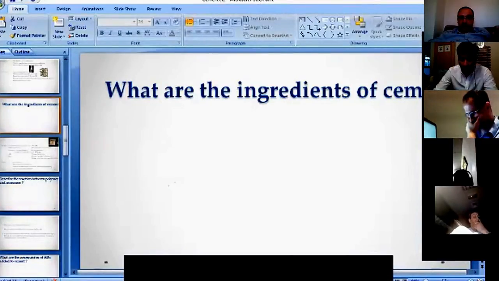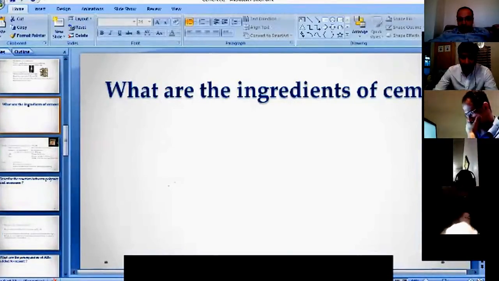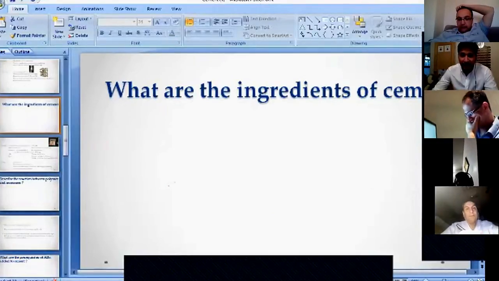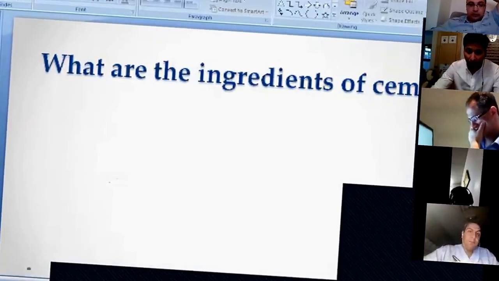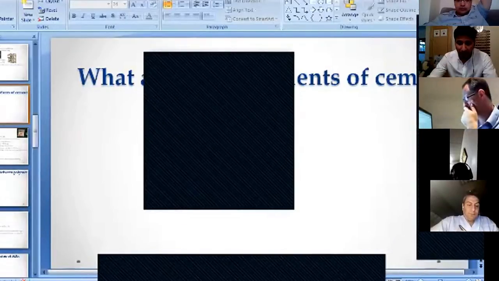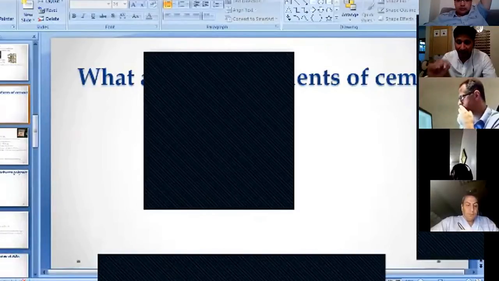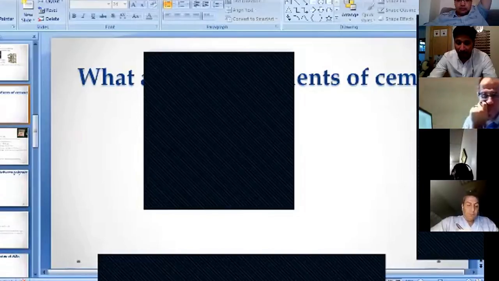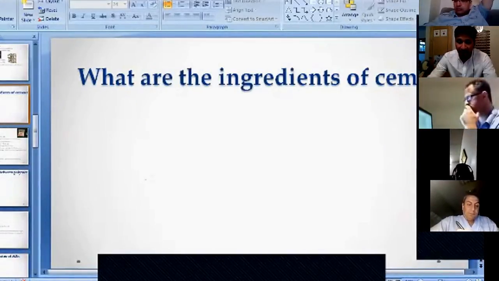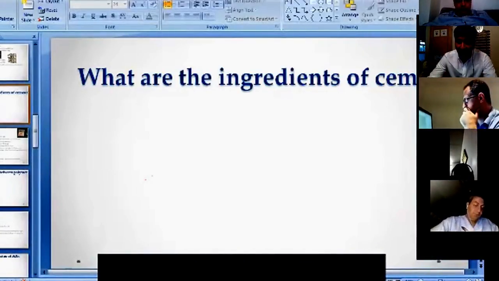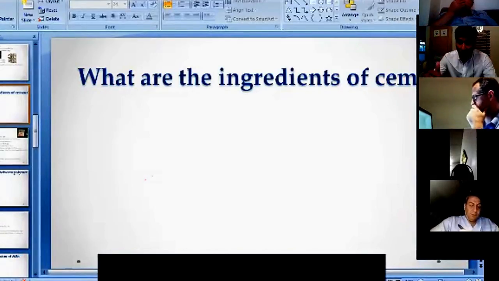Okay, Athar, we move on to the commonly asked questions. What are the main ingredients of cement, please? So there are two main ingredients. Again, I'm starting big and going small: liquid monomer and powdered polymer. The liquid monomer is supplied in a glass vial and contains methyl methacrylate monomer, an inhibitor stabilizer called hydroquinone, and an activator, N,N-dimethyl-p-toluidine. So the liquid has monomer, inhibitor or stabilizer, and activator.